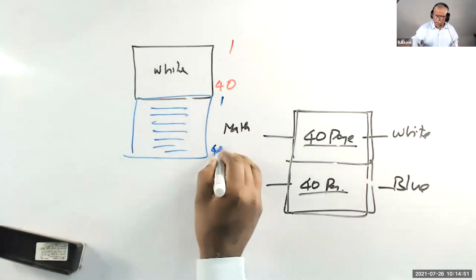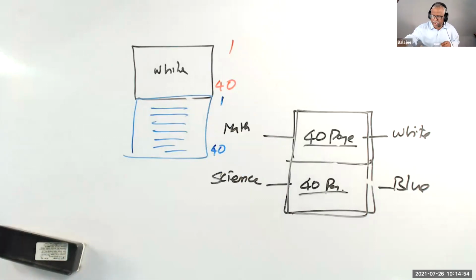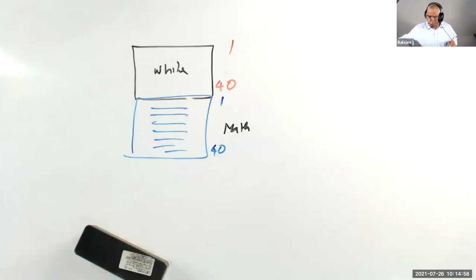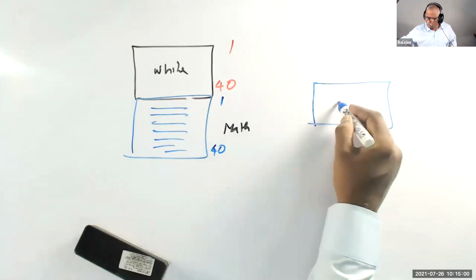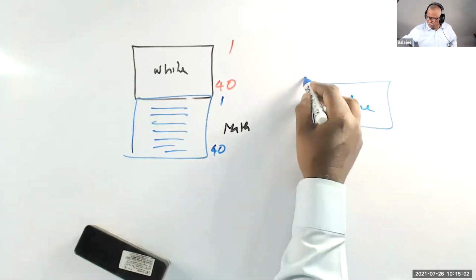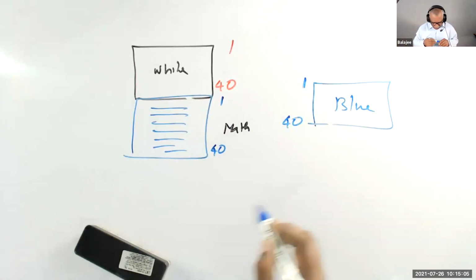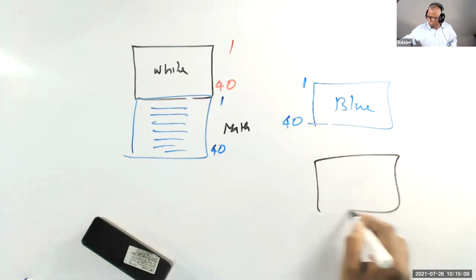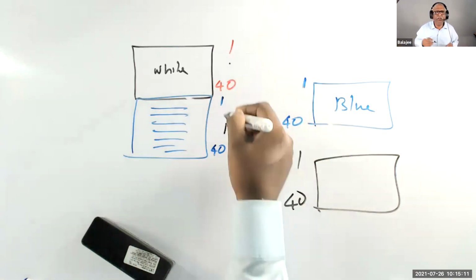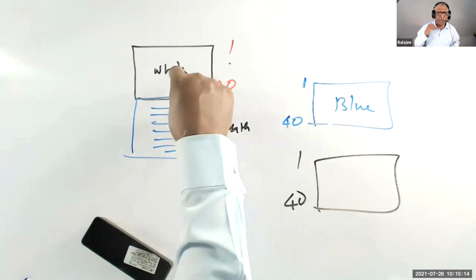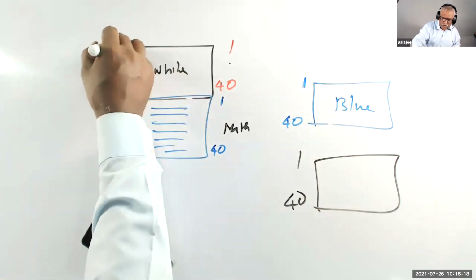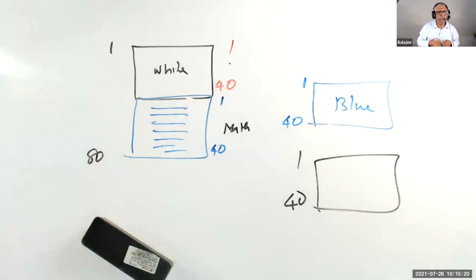Understand? When you buy a notebook, they have only 1 to 40 individually. So if I buy a separate notebook of blue, the page numbers are 1 to 40. The same thing, when I have a white one, I have 1 to 40. But when I combine them together, the pages go from 1 to 80. Am I right? It is 1 to 80.